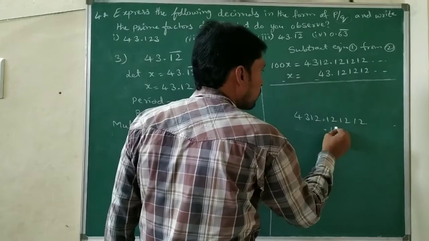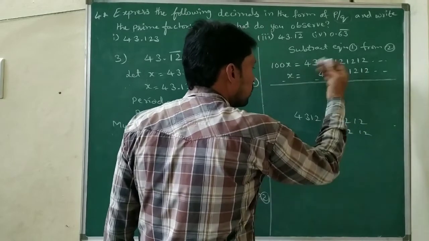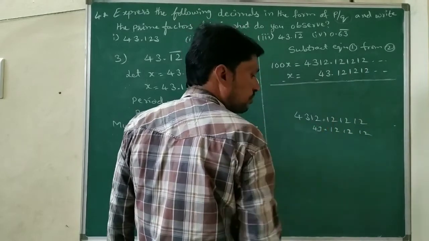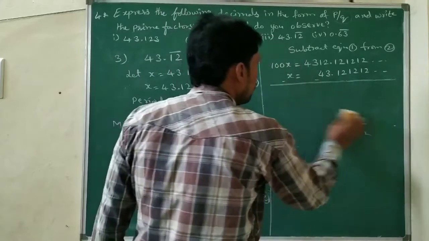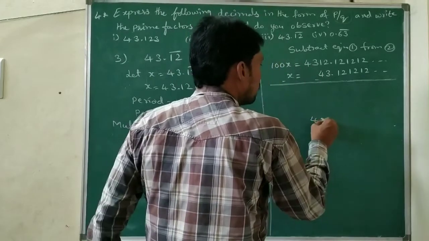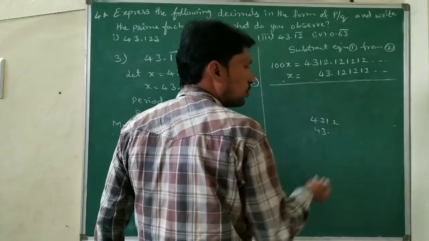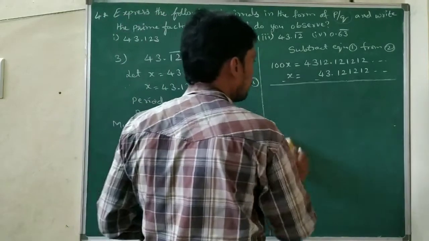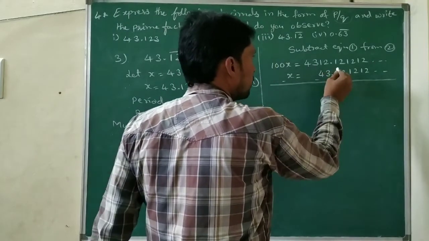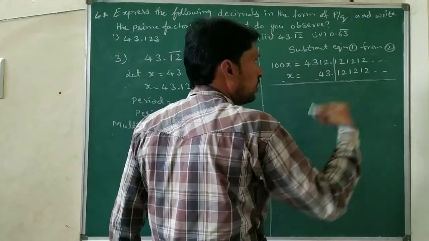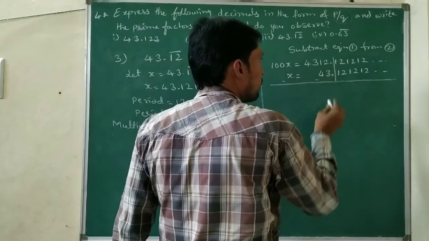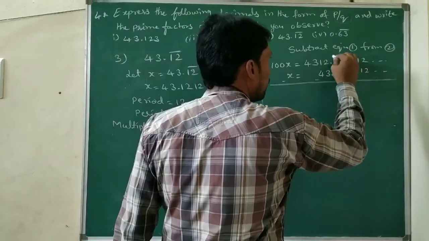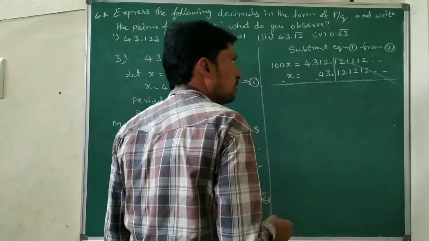So after the decimal point we write it like this, and before that the integral part is 43. If you write it otherwise, it is not the correct way to subtract. Now you can see after the decimal point, 1 2 1 2, here also the same, this we can cancel.